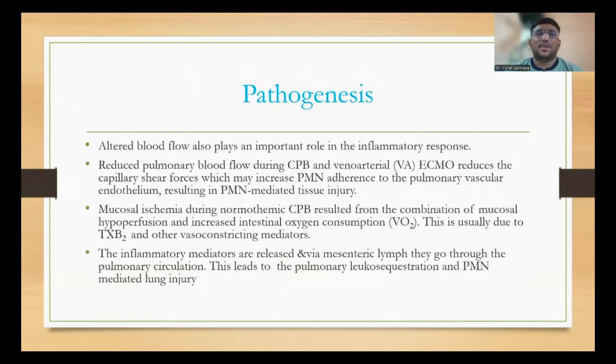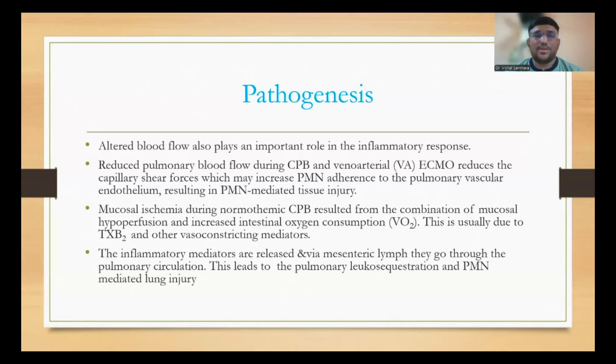Altered blood flow also plays an important role in the inflammatory response. If it is VA ECMO, then reduced pulmonary blood flow will be there. Reduced pulmonary blood flow during CPB and VA ECMO reduces capillary shear forces, which may increase PMN adherence to the pulmonary vascular endothelium, resulting in PMN-mediated tissue injury.